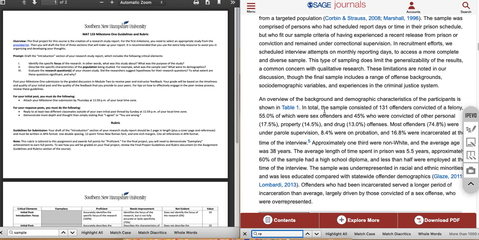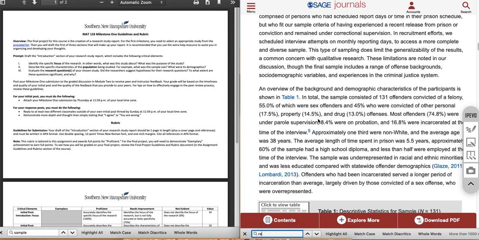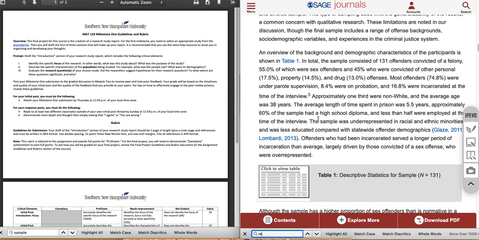Okay, participants. I'm thinking that's where the sample is going to be, who's participating in the study. And look, here is the information about an overview of the background and demographic characteristics of the participants as shown in Table 1. So we would go in there, but in total we're fine to get the overview.